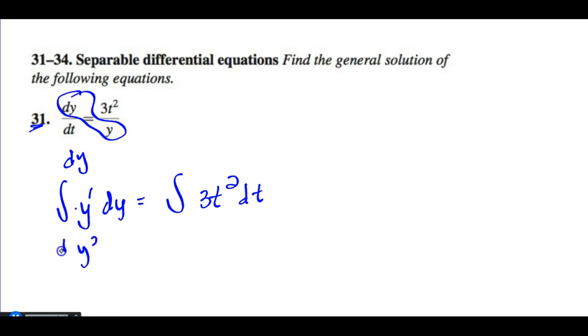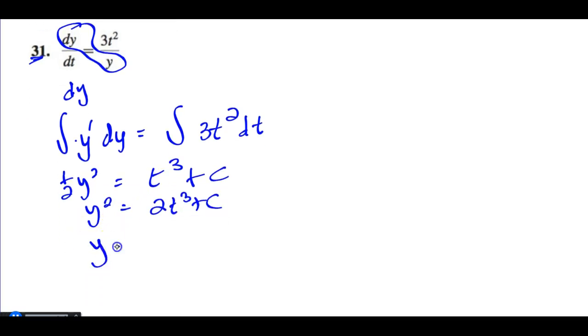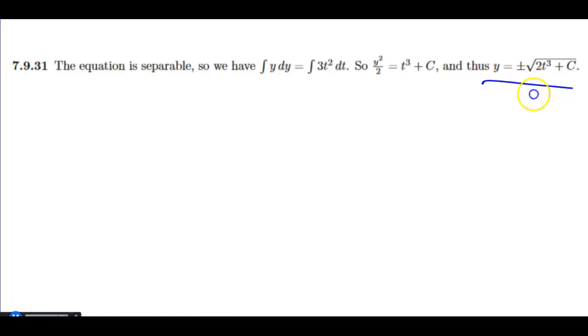So let's increase this to a 2 and divide by it, is equal to t cubed plus c. Solving, y squared is equal to 2t cubed plus c, and taking the square root, y is equal to plus or minus the square root of 2t cubed plus c.